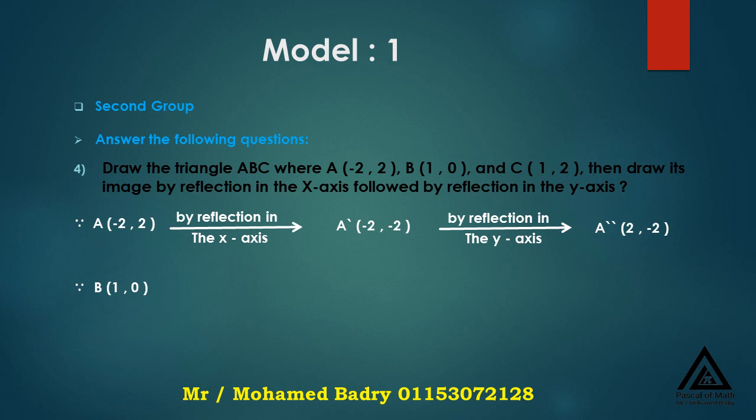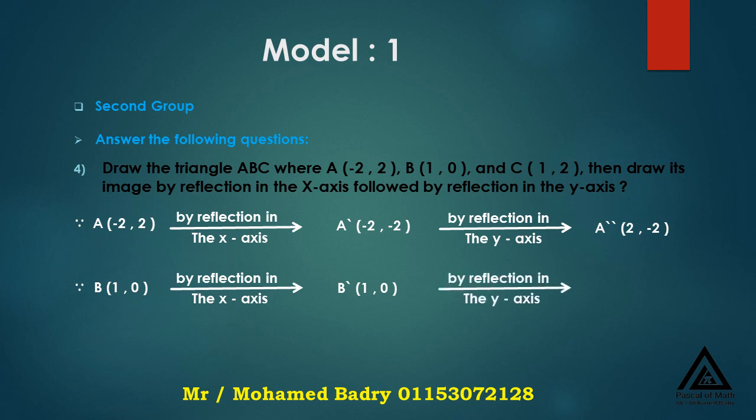Since B equals 1 and 0, if we want to make a reflection in the x-axis, we will change what? Yes, of course, the sign of y. B dash equals 1 and 0. Excellent. Now, if we want to make a reflection in the y-axis, that means B double dash equals negative 1 and 0.